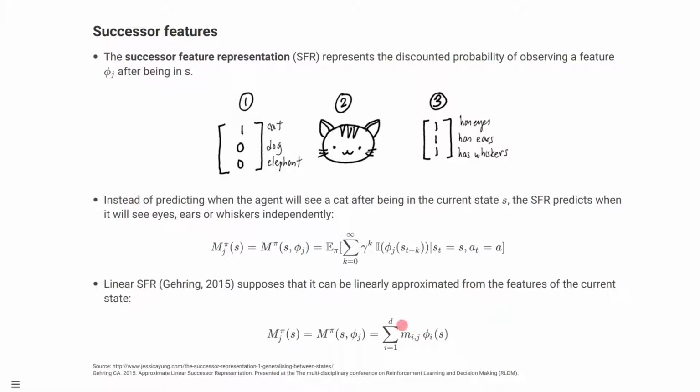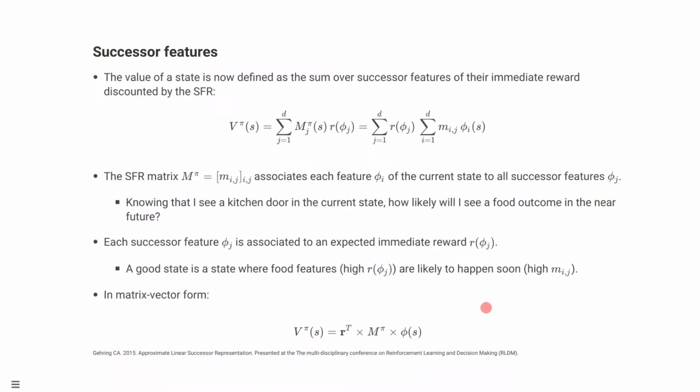As a linear approximation, you just need these weights to be set to the right value. And then the value of a state is the sum over all features of whether you're going to see that feature in the future, the SR, times the reward associated to that feature.